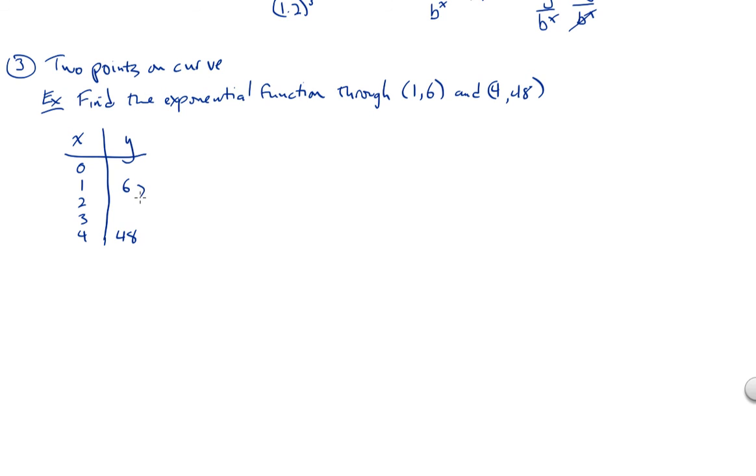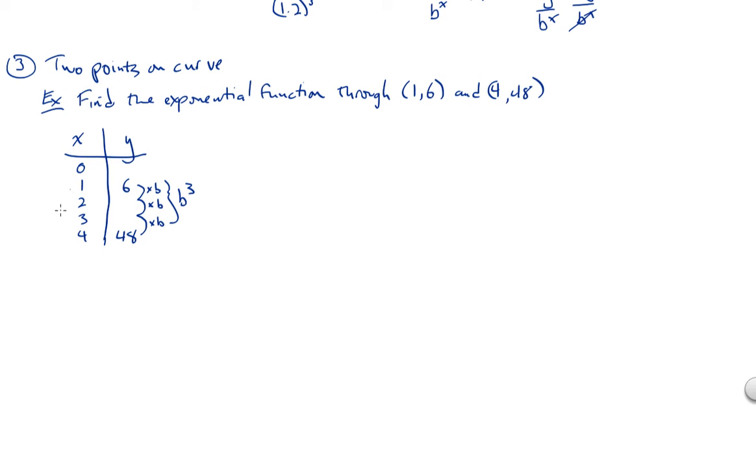Well, if we think about how we get from 6 to 48, we're doing 3 multiplications. We're multiplying by b, and b, and then b. That's an overall multiplication of b to the third, whatever our multiplier is.